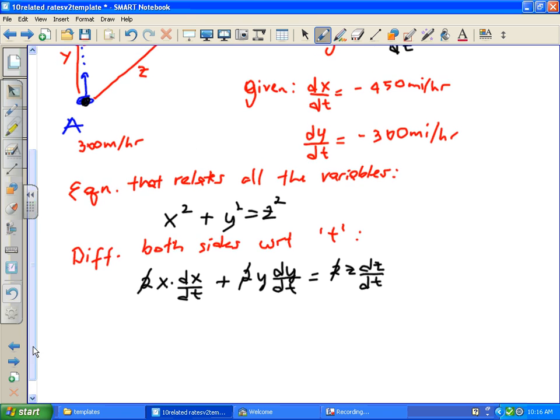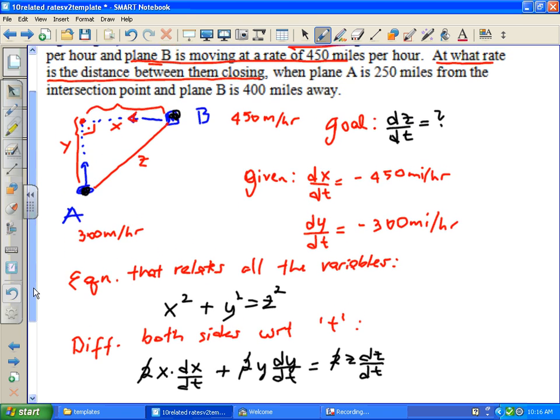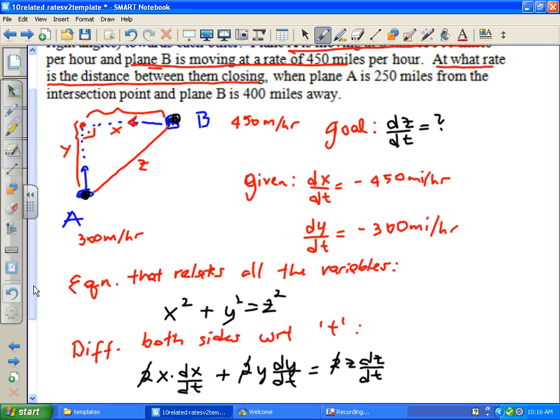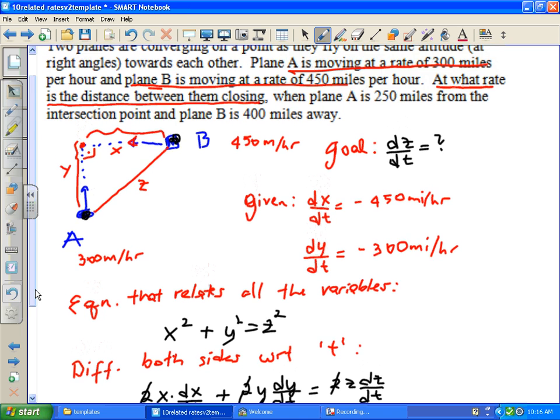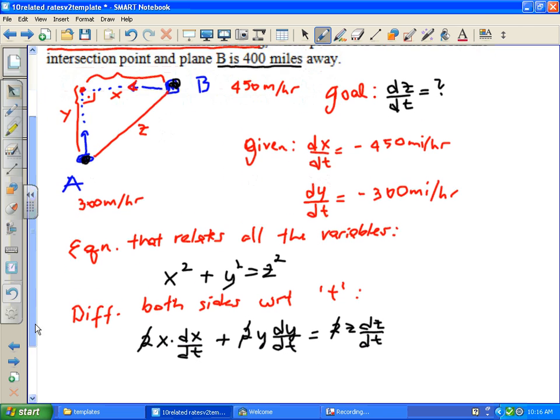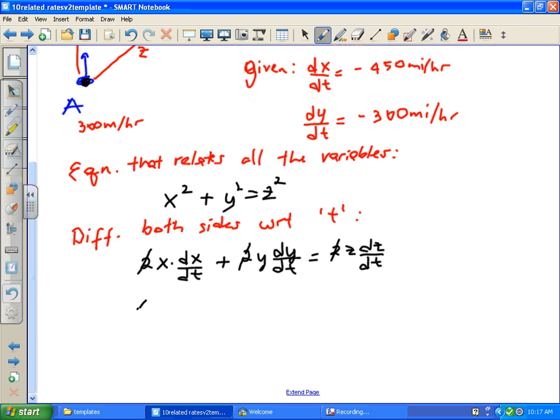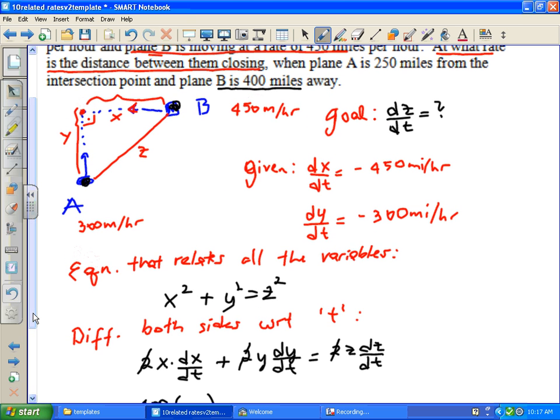Okay, x is the distance that plane B is away from that intersection. And what is that distance? They said plane B is 400 miles away, right? That's my distance, x. That's 400. And what do I know about dx/dt? Right, we got that earlier.